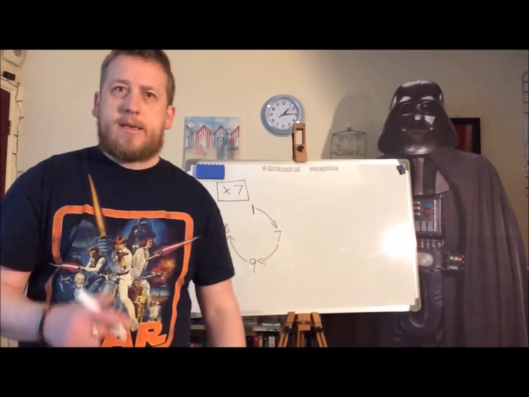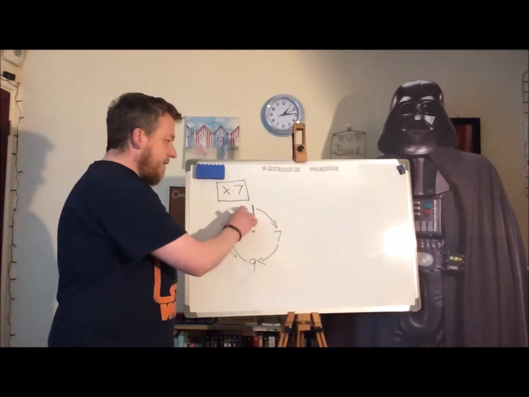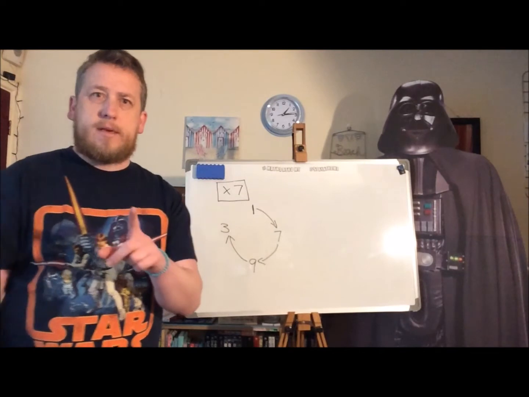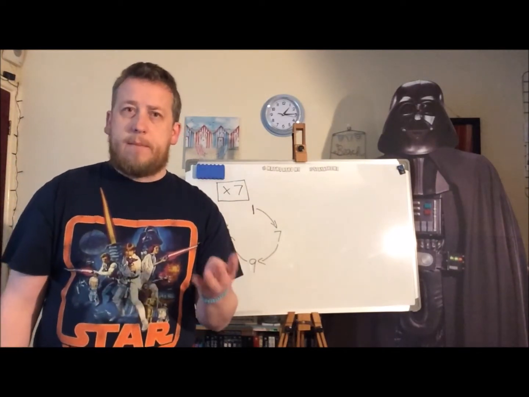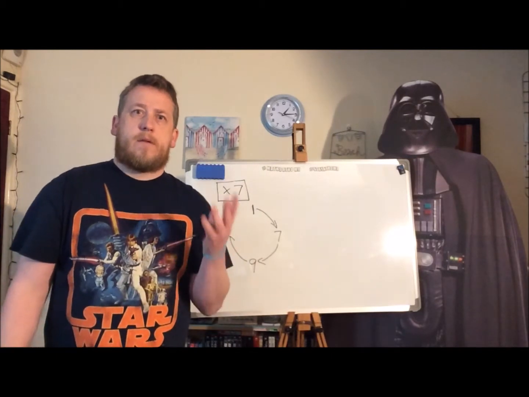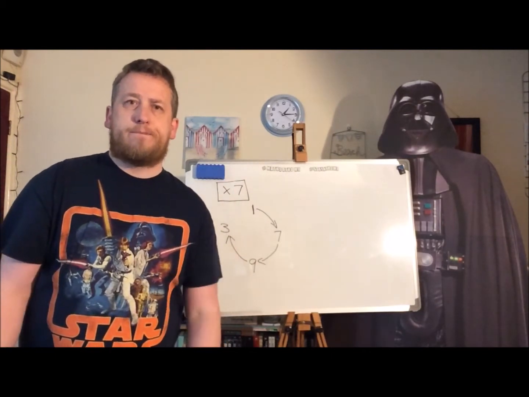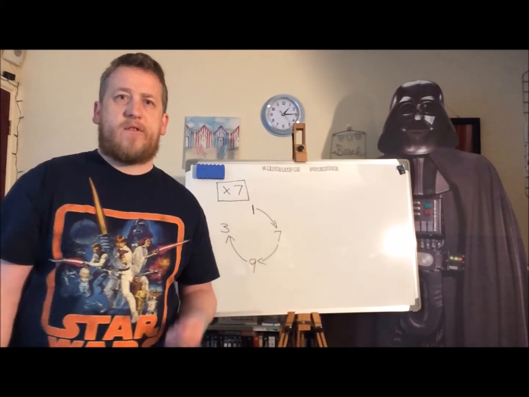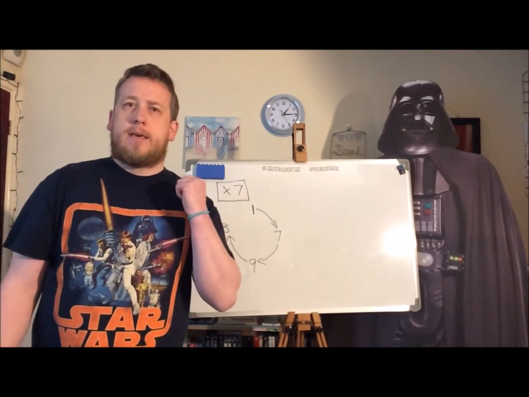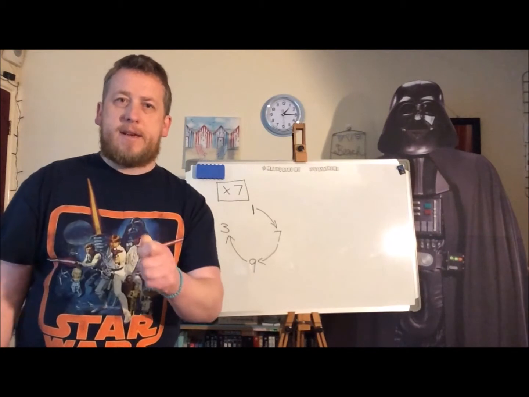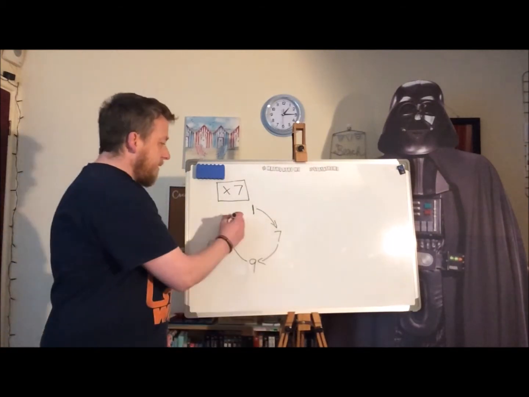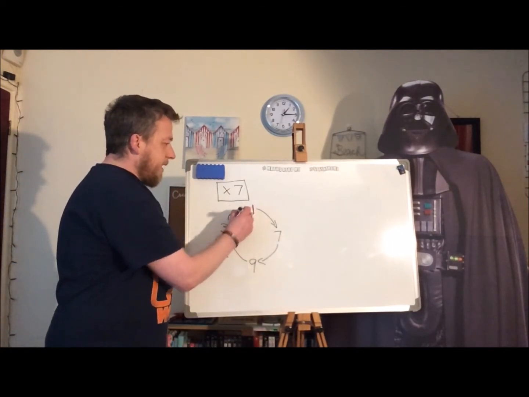Okay, I'm taking a chance. It looks like there might only be one connection. Let's test it out. Let's consider a number ending in 3, or the number 3 itself. 3 multiplied by 7, 3 lots of 7 is 21. What does 21 end in? It ends in a 1. So we're absolutely right, and we can now close that loop.